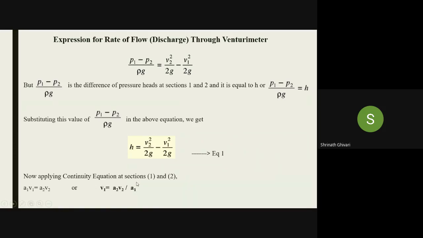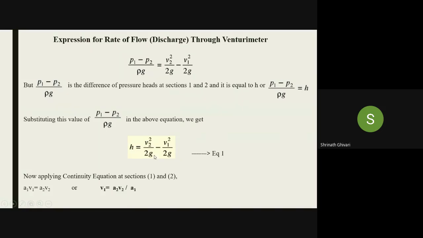Now you have to substitute the value of V1 as A2 V2 by A1 in equation 1.